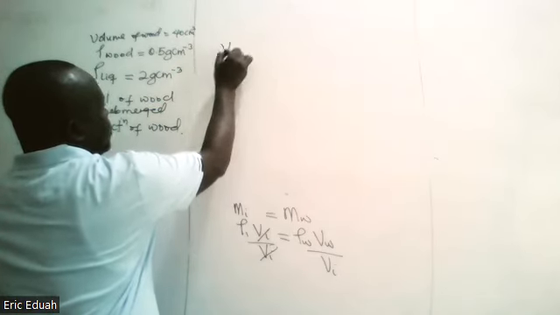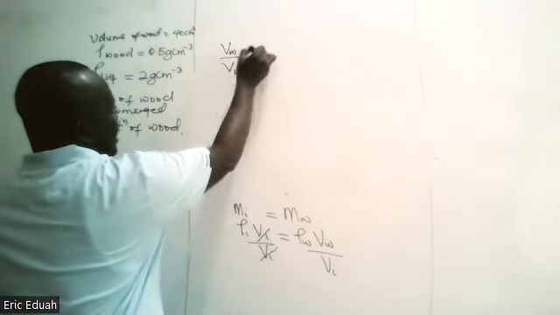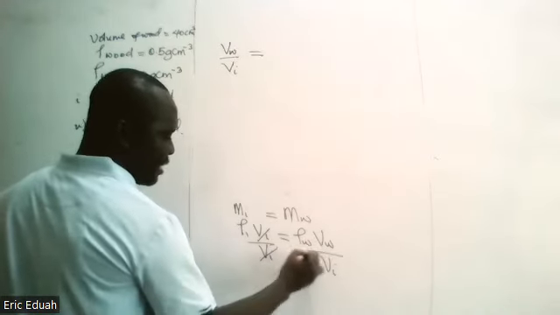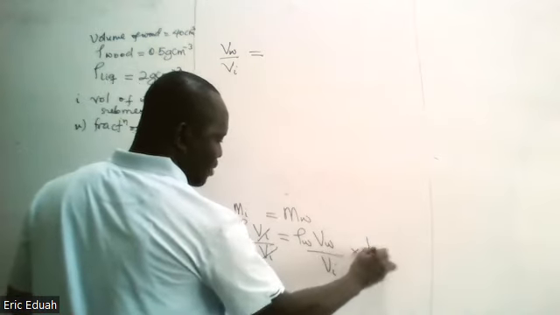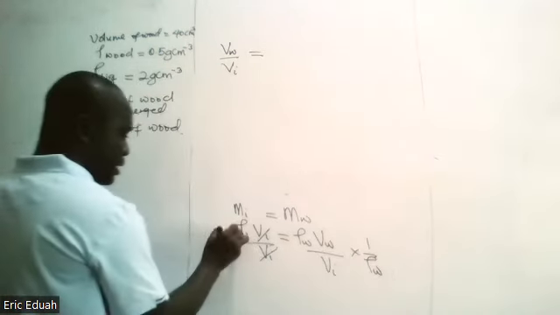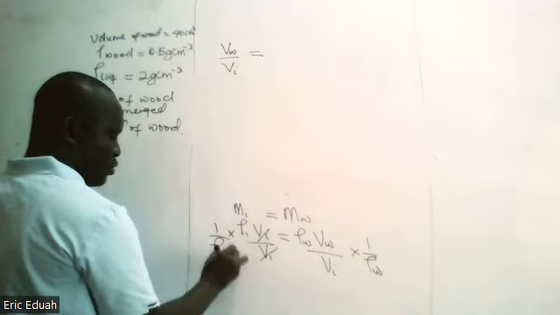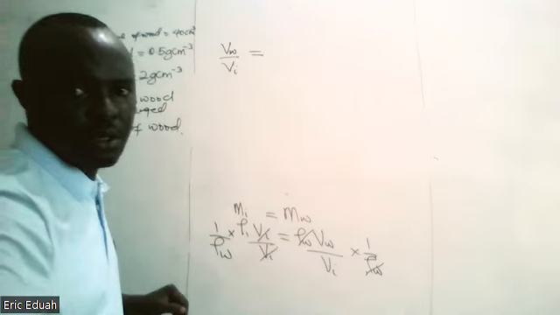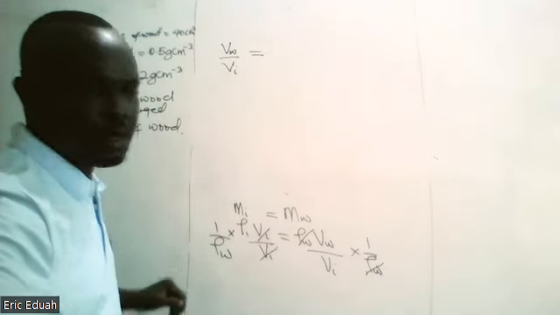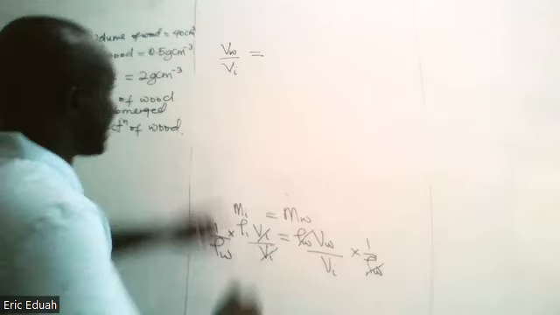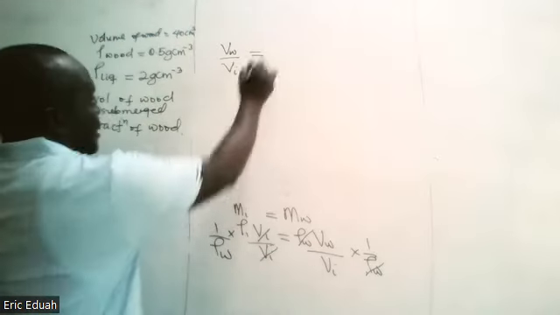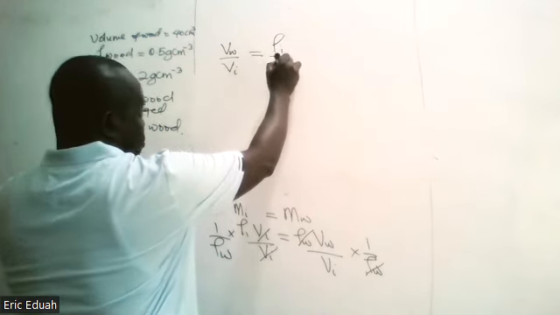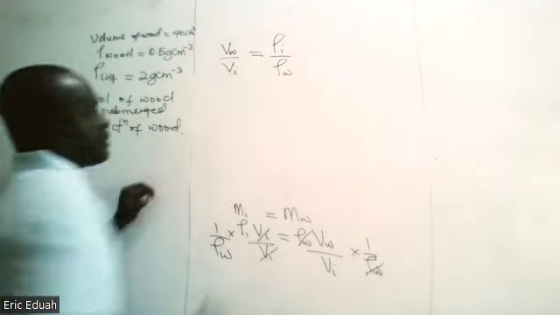So VW divided by VI is equal to, since we have this, then we have to eliminate this 1 on rho W times 1 on rho W. This and this will cancel. So we have VW over VI equal to rho of I over rho of water.